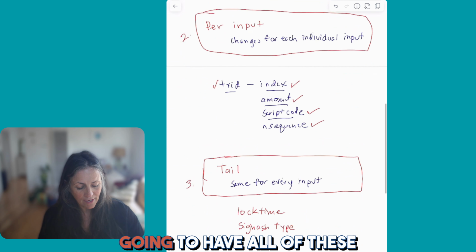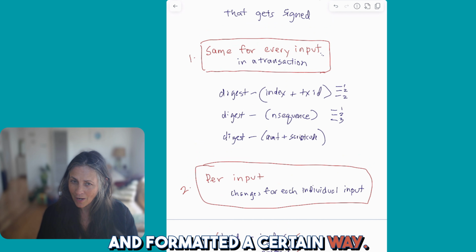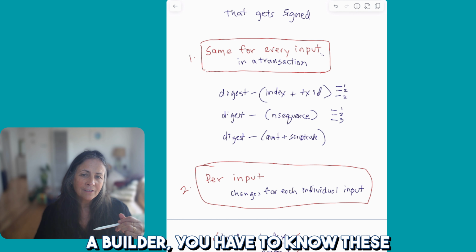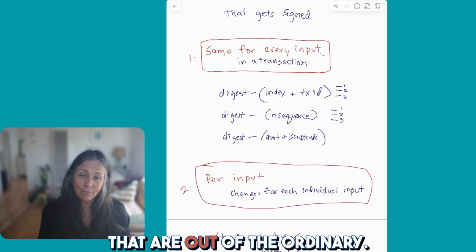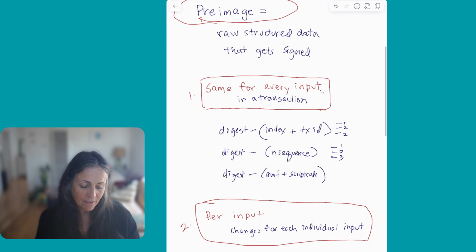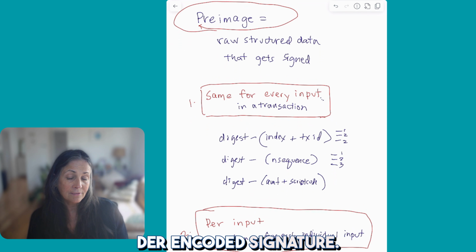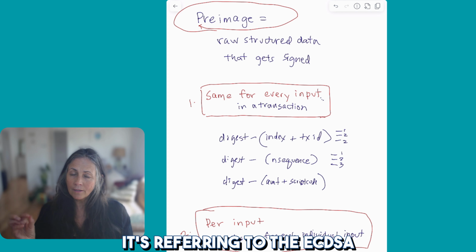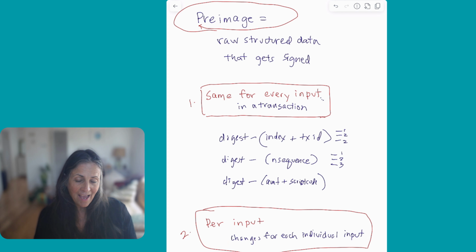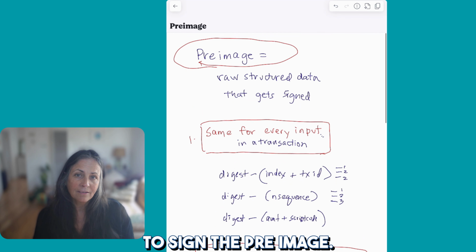So for every input, you're going to have all of these items, and they have to be in a certain order and formatted a certain way. That's what software does for you, but sometimes when you're a builder, you have to know these things if you're doing things that are out of the ordinary. So that's why understanding this pre-image is important. You might have heard this term DER encoded signature. It's referring to the ECDSA signature that you get after using your private key to sign the pre-image.